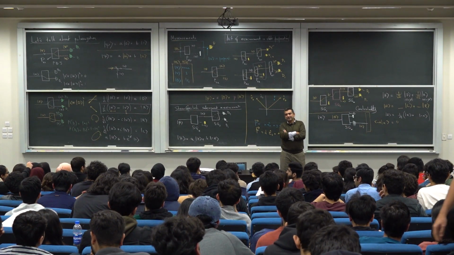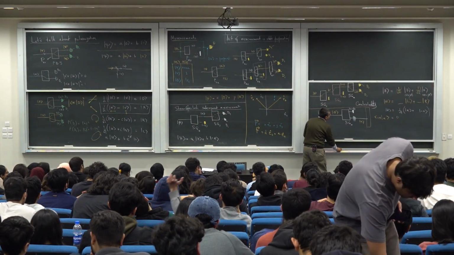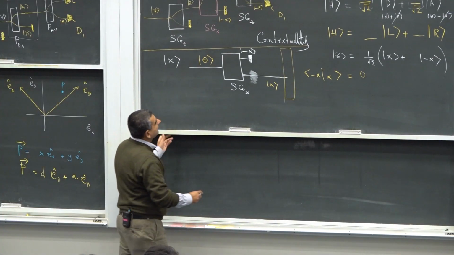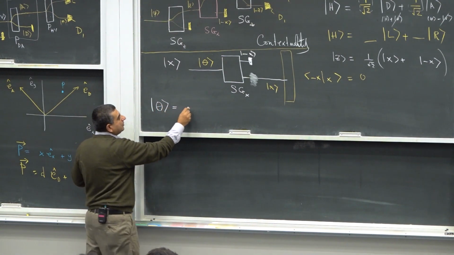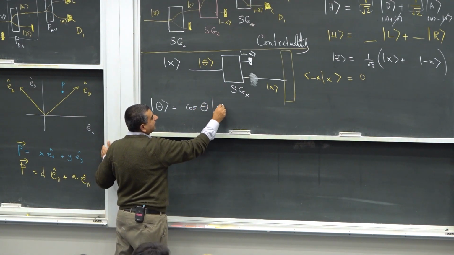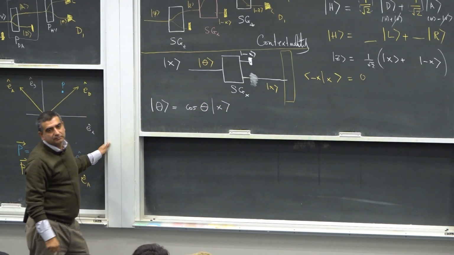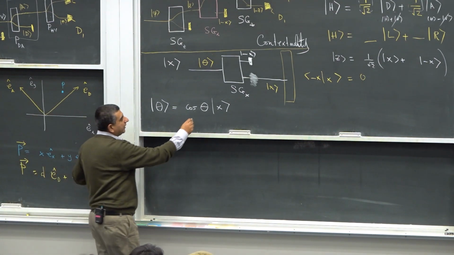Yeah, there is some ket theta. Suppose my input quantum state, my ket theta, is some cosine theta ket x plus sine theta ket minus x, let's call it.